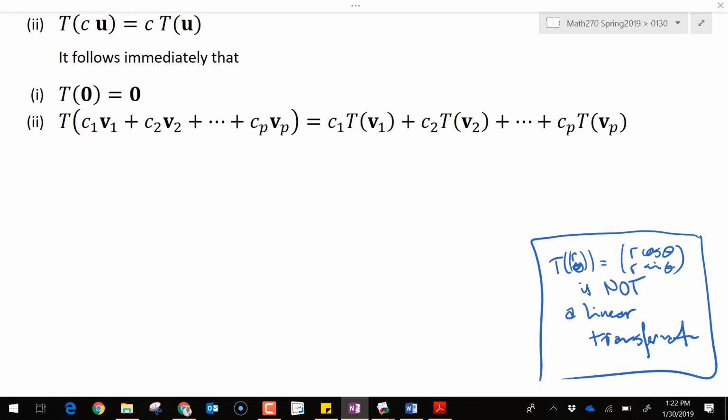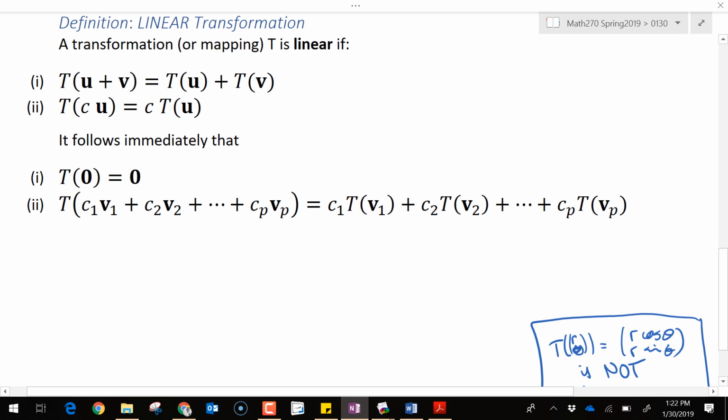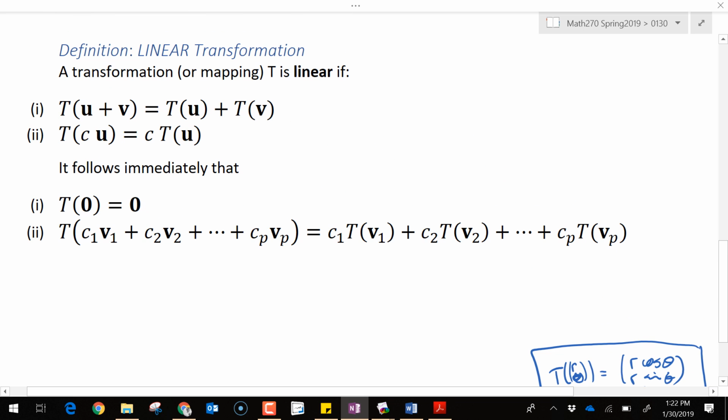There are some special geometric features and other important things that go with a linear transformation, and not all transformations are linear. For example, the polar coordinate transformation is not linear. So what is a linear transformation?